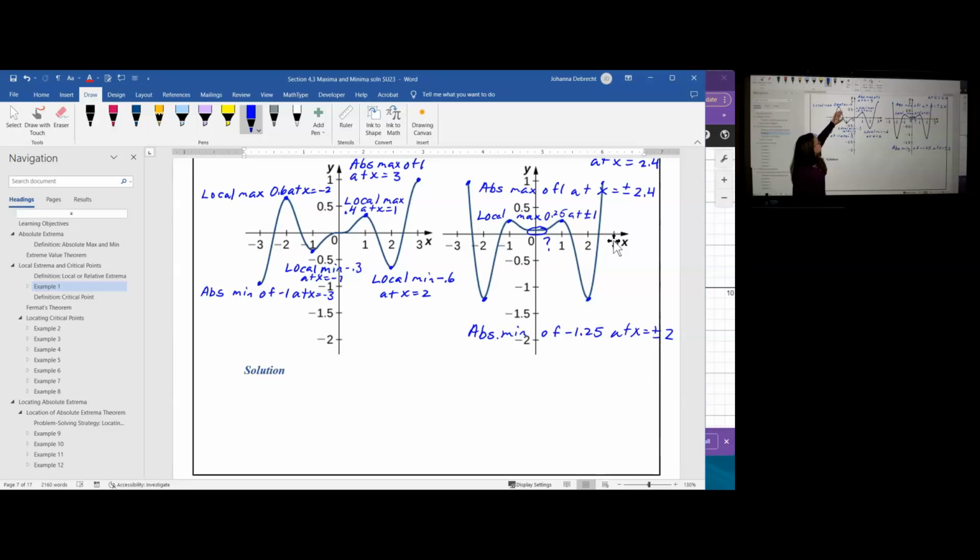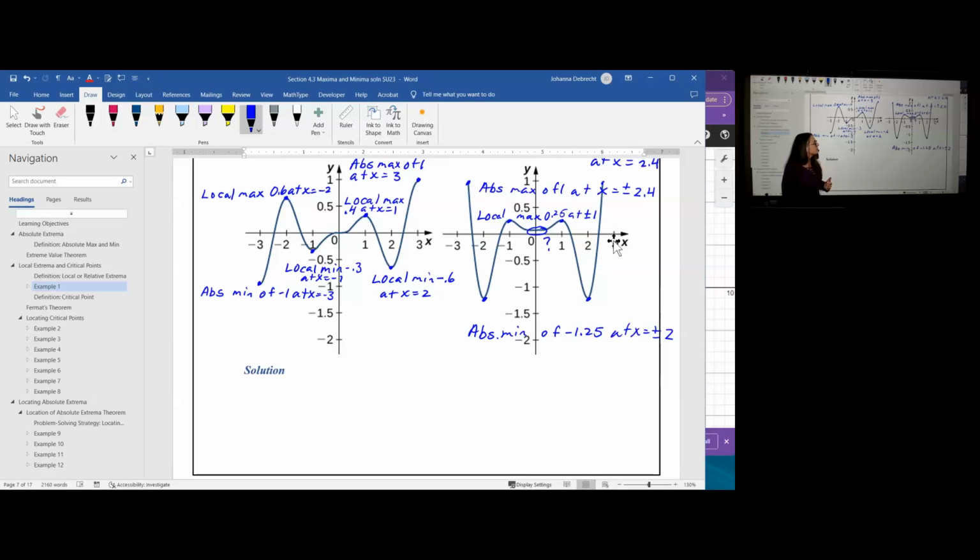In between, we have 2 local minimums and 2 local maximums. We also appear to have a saddle point here at the origin. Again, it's very difficult to tell whether there might be a hidden slight bump up there and it's not truly a saddle point.